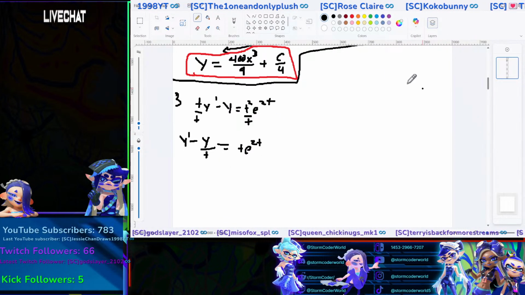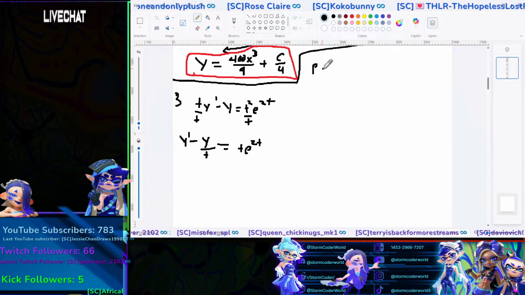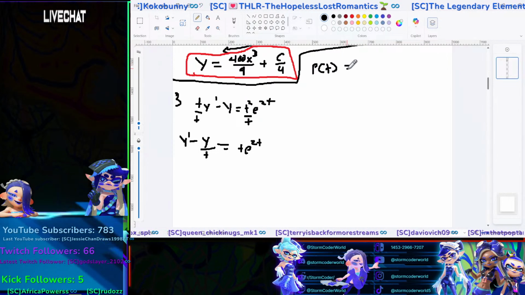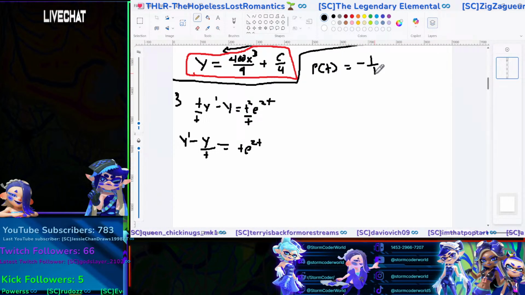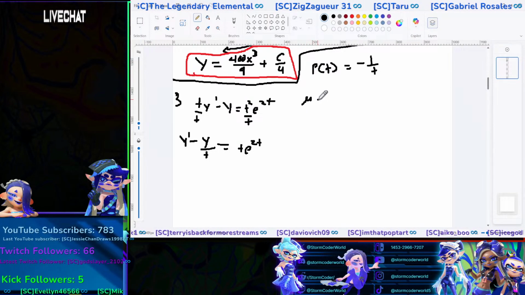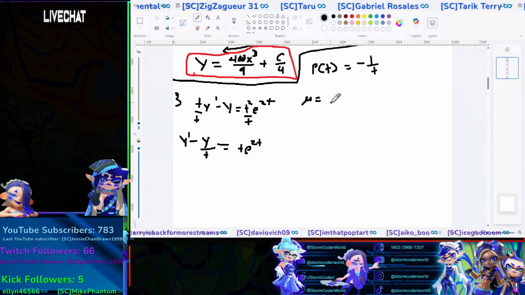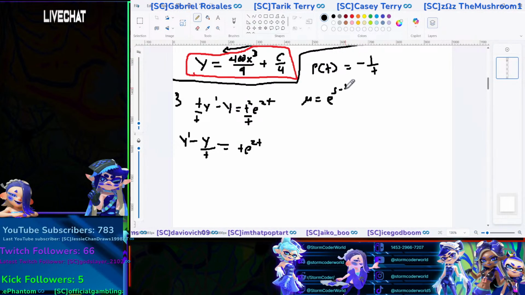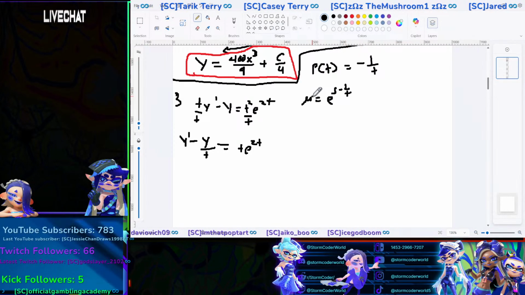Okay, so now I have this new function. I know this is my p of t here, so my p of t in this case is equal to negative 1 over t, and I know to find my u function, it is e to the integration of p t, which in my case is this function here.